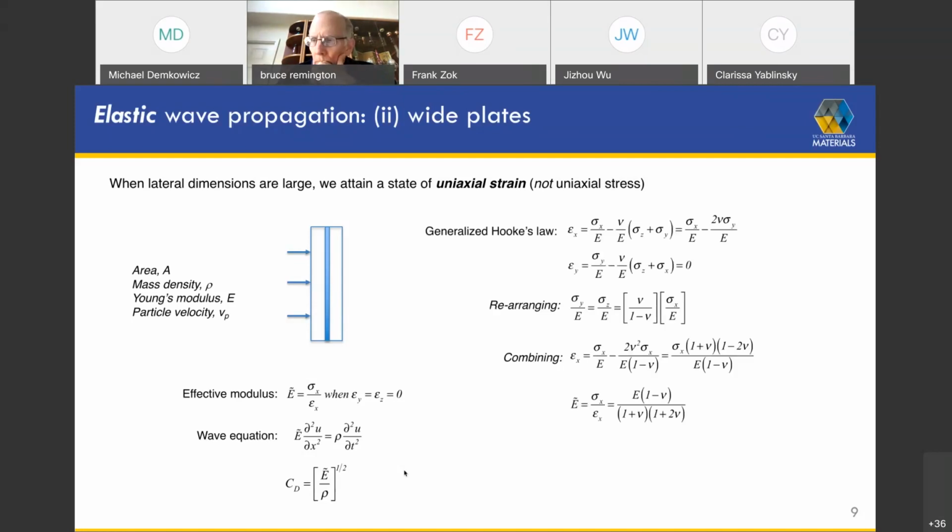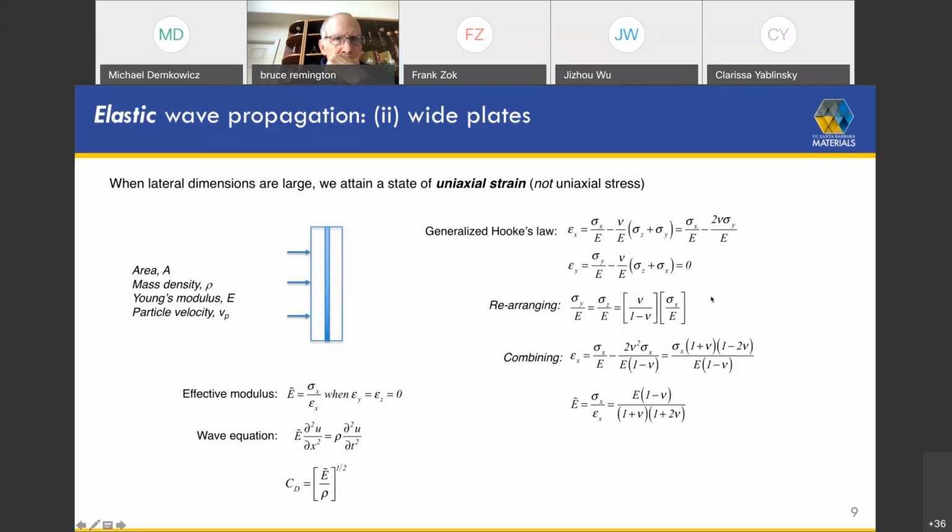Well, we can work this out from generalized Hooke's law. We write, firstly, the strain in the x direction, that's the horizontal direction, in terms of the stress in the x direction and the two stresses in the other directions, sigma z and sigma y, through the usual statement here, Poisson's ratio nu, Young's modulus E. We recognize that the two transverse stresses are the same, so we can lump them together.